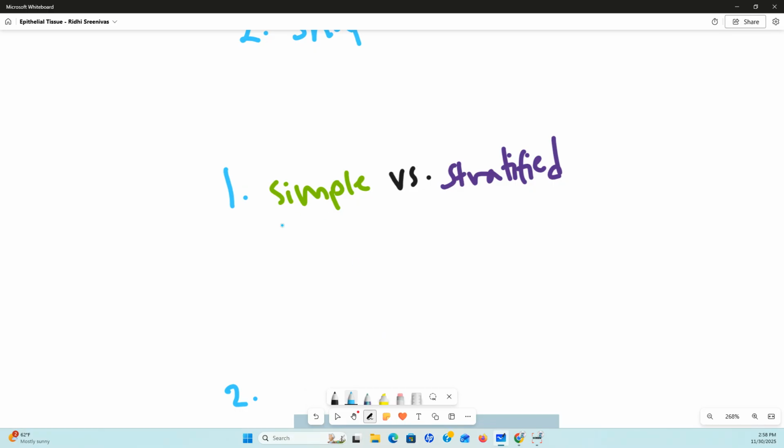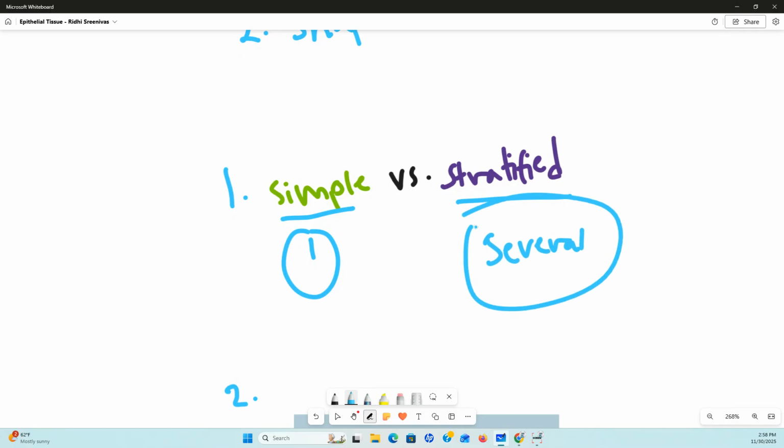So there's two ways this could go. It could be either simple or stratified. Now, simple refers to there being one layer of the cells, and I'll show you guys pictures in a minute. But stratified refers to there being several layers of that type of cell.